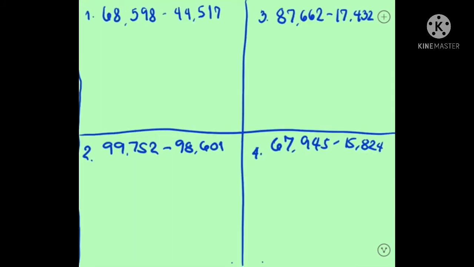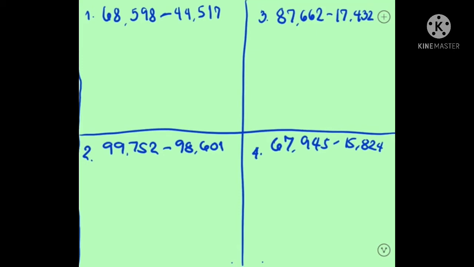Let us do first number 1. Let us help each other, alright? So I will copy first number 1. Can you read number 1 first? 1, 2, 3, go. 68,598 minus 44,517. Okay?